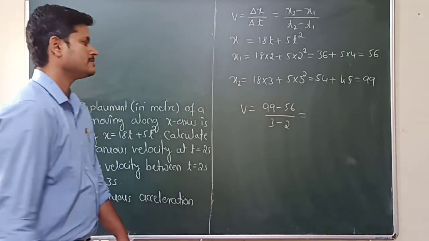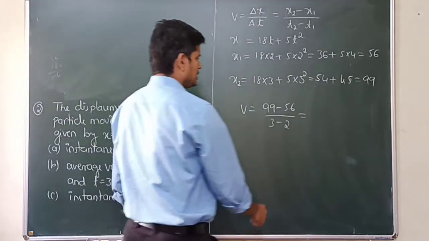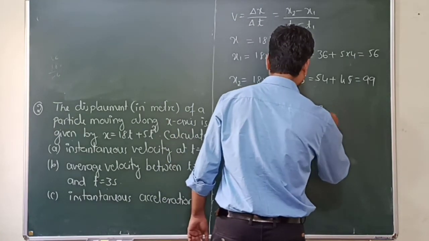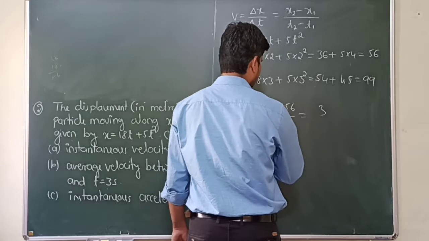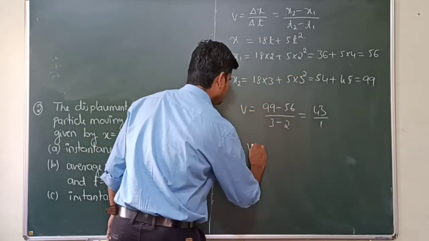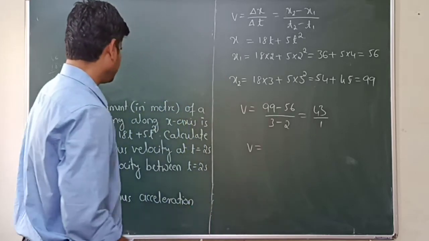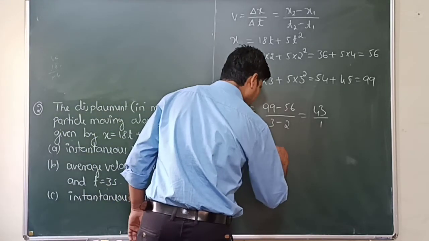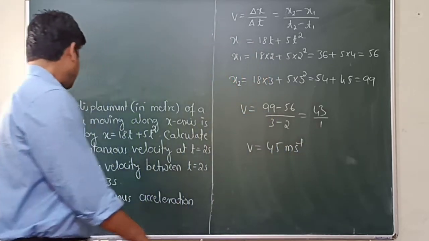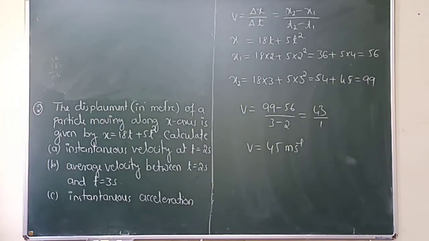Then it is 99 minus 56 is 43, divided by 1, that is velocity is 43 meter per second. 43 meter per second, correct?